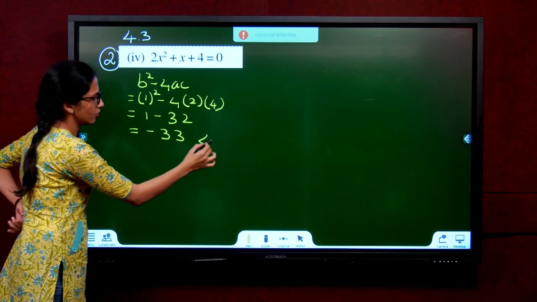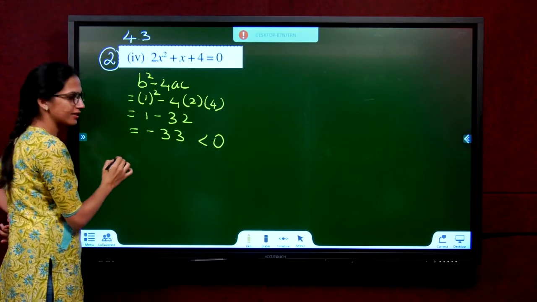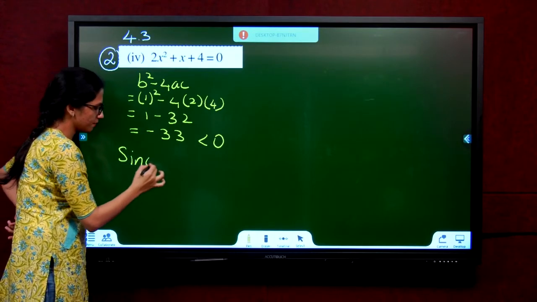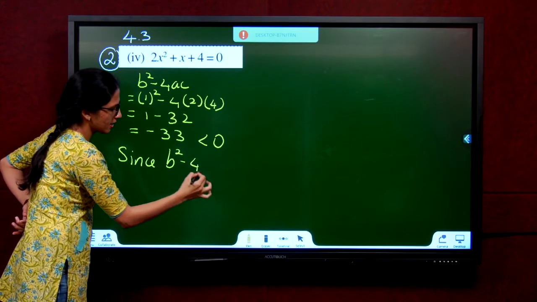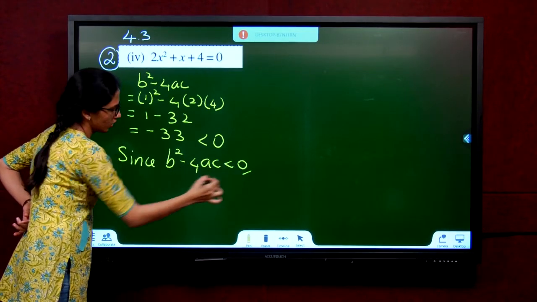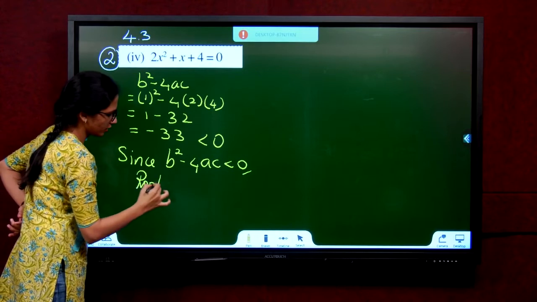This is less than 0. Therefore, we can say since b square minus 4ac is less than 0, roots do not exist.